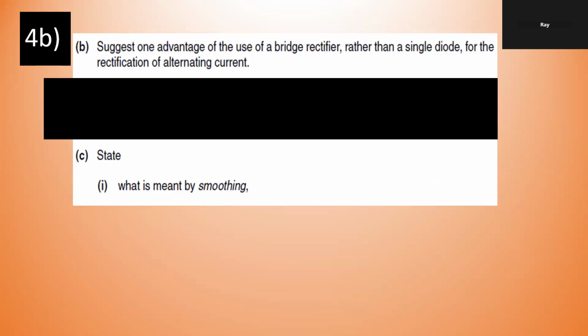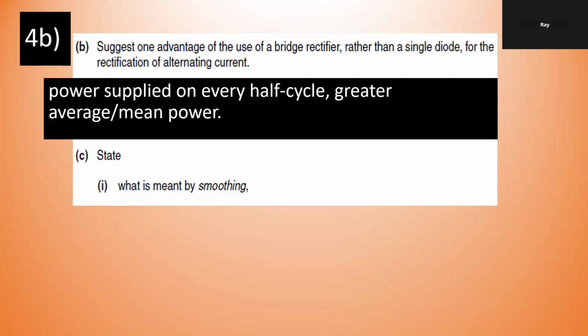You use both cycles, so double the power supply on every half cycle, whereas a single diode is half cycle only. Both half cycles have rectification, and so the greater average or mean power.